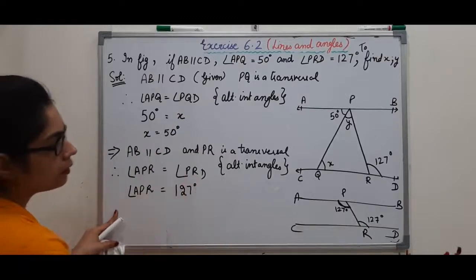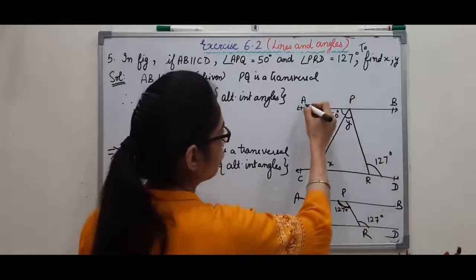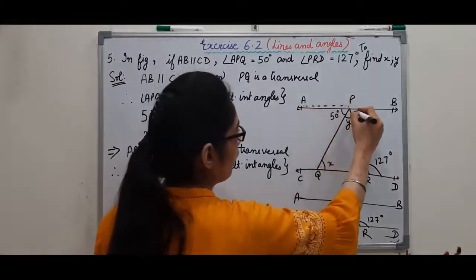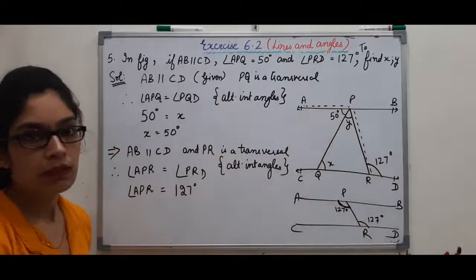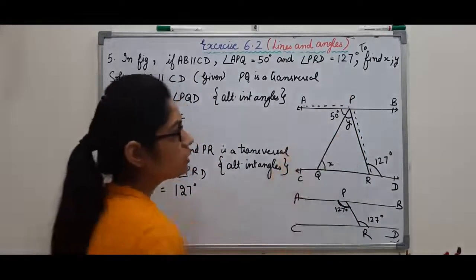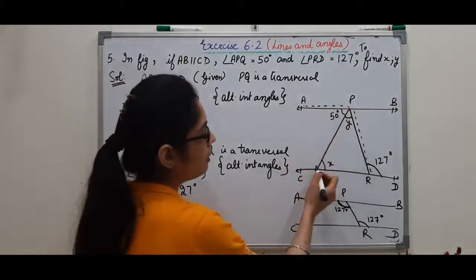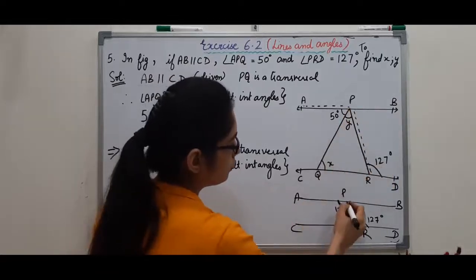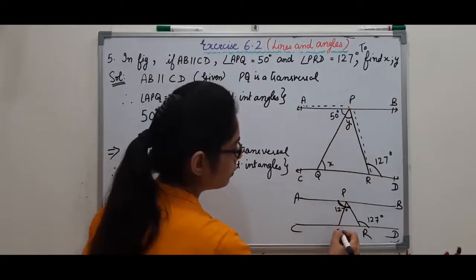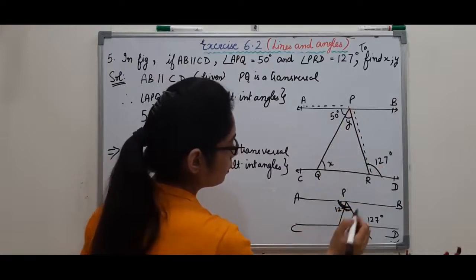Now APR, let's see this figure. APR is this complete angle. See, from here we are starting and this one. So again the same thing we have to use. We have to split APR into its two angles. One is APQ and the other one is QPR. So here also, this is point Q. So this angle plus this angle.